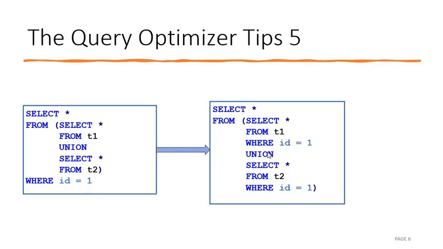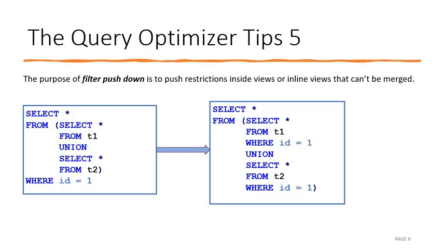So what we can do in the next select statement, which will improve the performance, is fetch the data from the T1 table where ID equal to 1 at the initial time only. We'll add the where condition for T1 and T2 both, and then on top of that we'll select star from all the records from T1 and T2. So this way it will improve the performance.